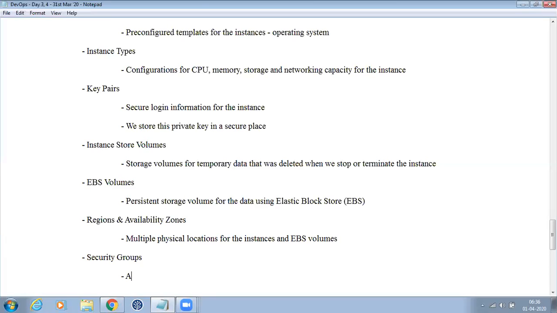It is simply, I can say, a firewall, which helps to specify the protocols, ports, and IP ranges which can reach the instance, correct?